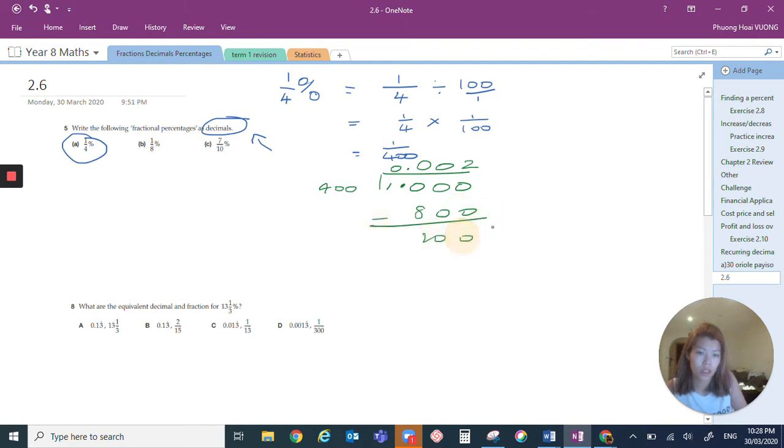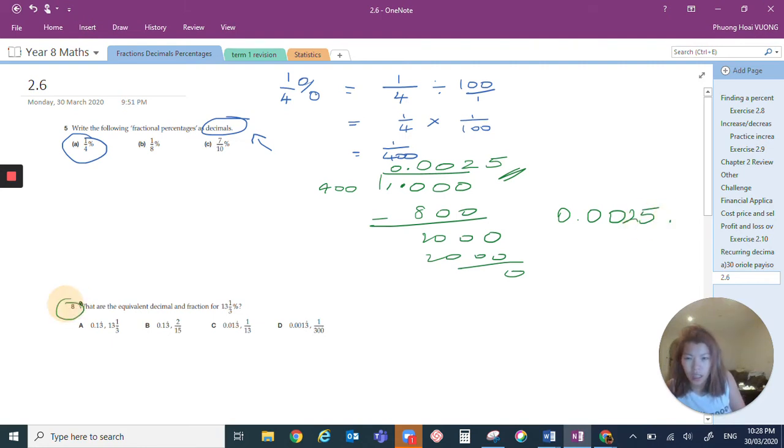Subtract. Bring the next 0 down. 400 into 2,000 goes 5 times. So that is our answer. 5 times 400 is 2,000. Remember the 0. So our answer is 0.0025.